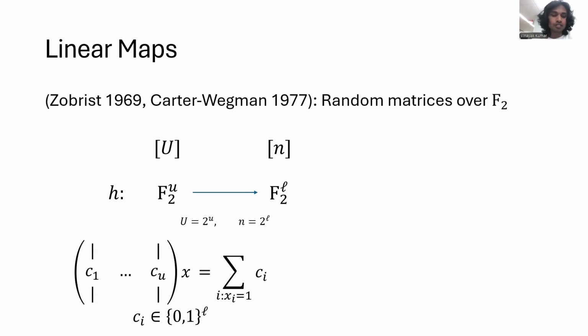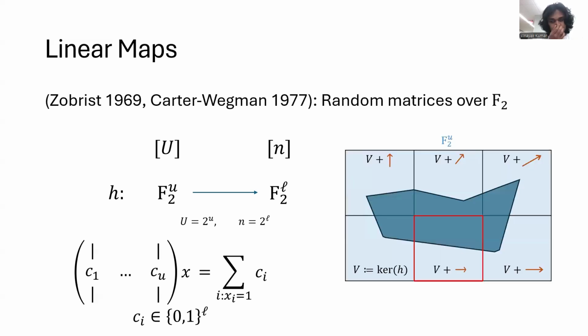Another way I want to introduce hash functions is back to the pictorial definition. Here, we're again partitioning the universe, but now we're using the fact that for a linear map, its kernel, all of its preimages are just shifts of the kernel. In other words, all preimages are just going to be shifts of some subspace.